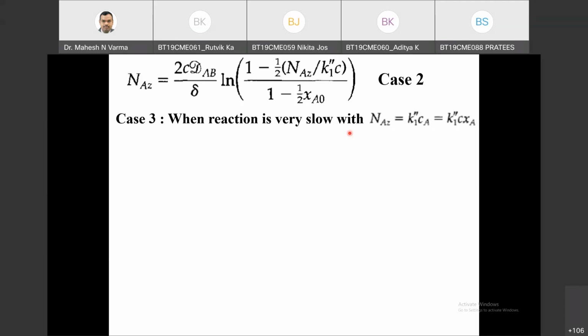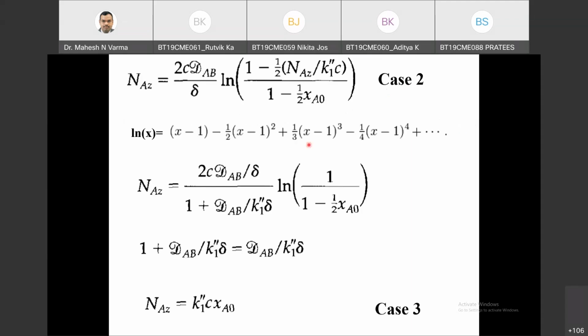Sir, NAZ is equal to K1 double dash C XA. Yeah, it is there on the screen. Okay, when the reaction is very, very slow, NAZ will be equal to K1 double dash C into XA. Can you get this case number 3 from case number 2?